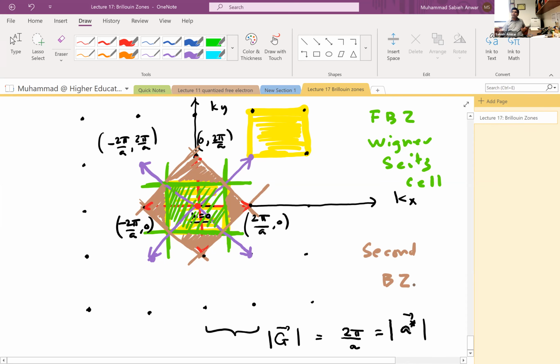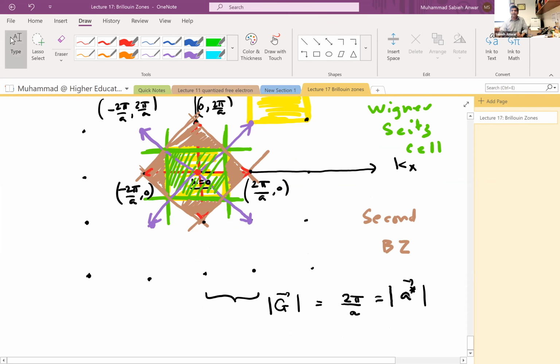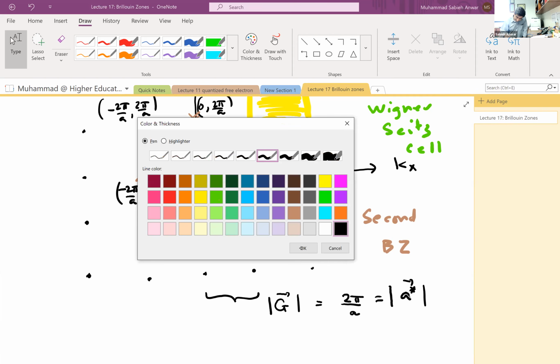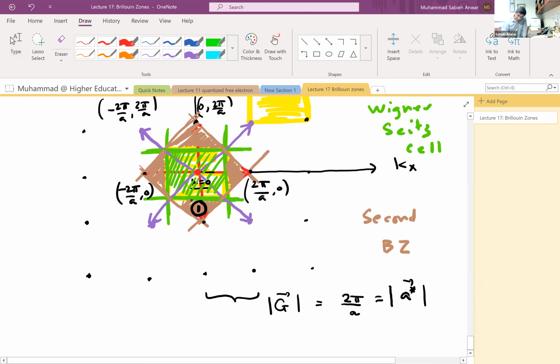One thing that you can remember is that the first Brillouin zone contains capital N k points. The second Brillouin zone by geometry has the same size as the first Brillouin zone, because of the arbitrariness of k, this needs to be true. So if I look at this region 1, I can translate it backward by a reciprocal lattice vector, translate it up, and I can get this region here.